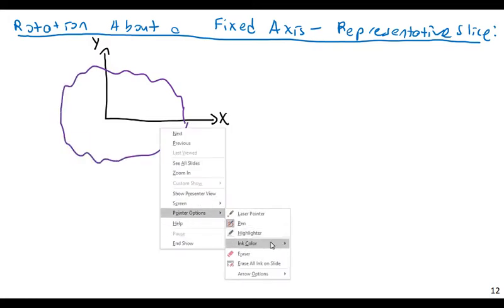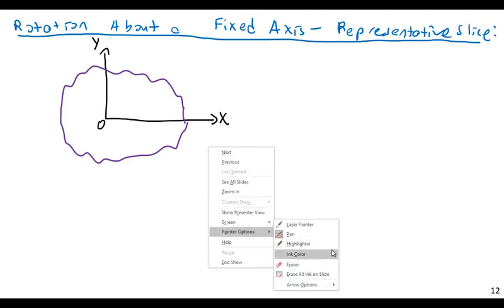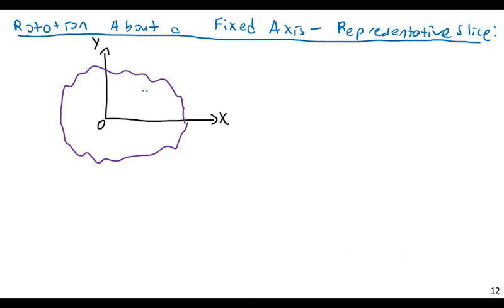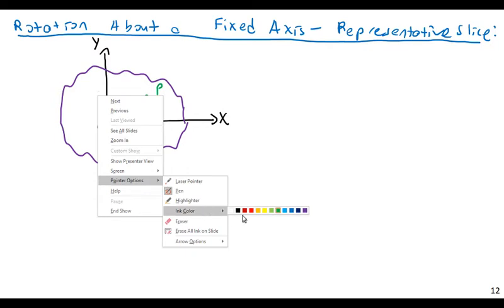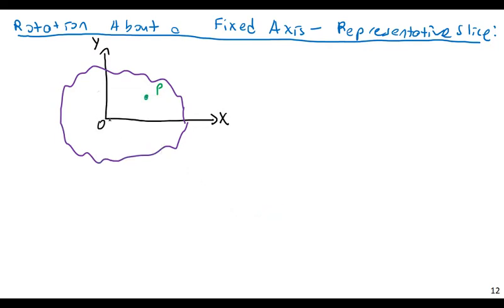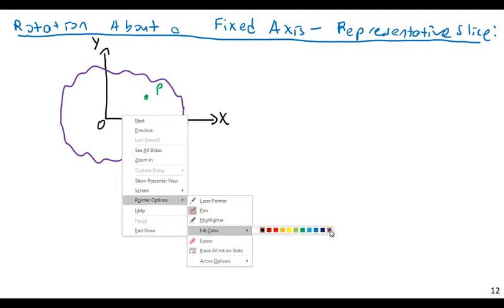And I have a point O here, and then I have a point P here, that would have some vector r from the origin. And this point P would have to be in the same plane as the xy axis in this particular case.